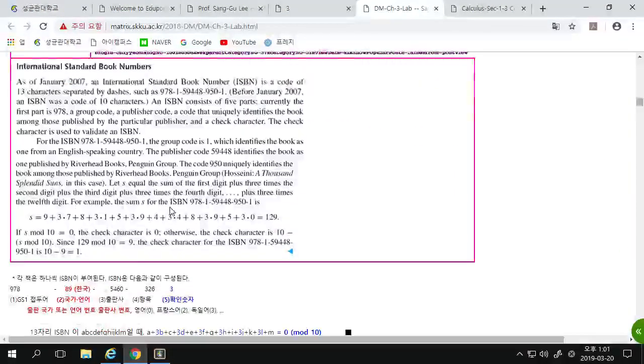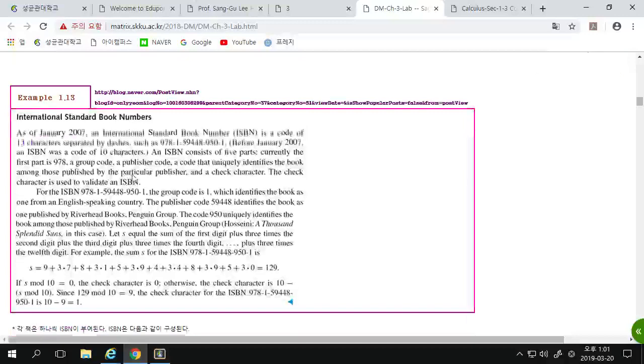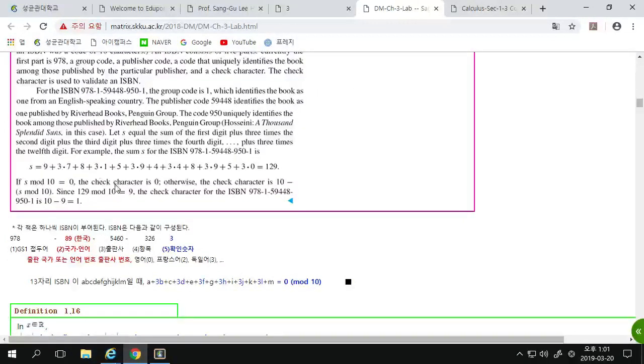Okay, next, the ISBN number. You must have seen the ISBN number in your textbook. Each of those numbers has a meaning. The first part is a kind of prefix. Next, the 1 means United States. 89 means Korea.